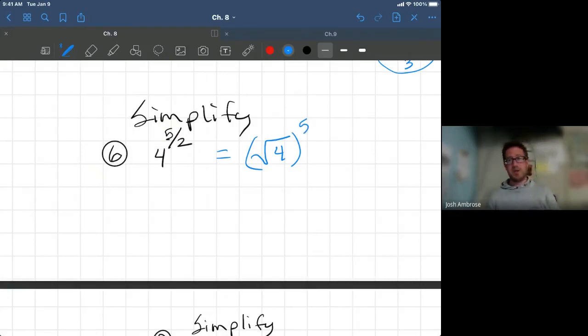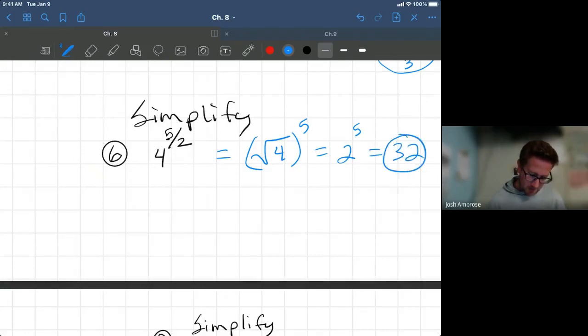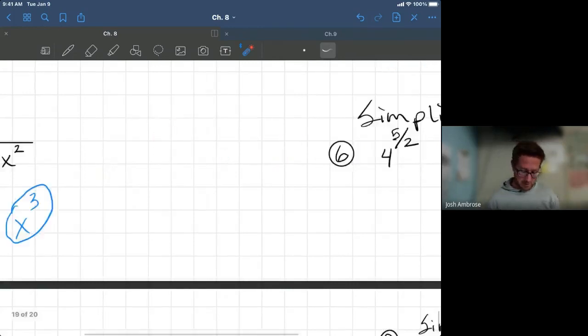So order of operations, do what's in the parentheses first, then use the exponent. This is going to be 2 to the power of 5, and 2 to the power of 5 simply equals 32. So again, always start with the bottom number. This is what tells you what root to use. After you take that root, this top number tells you what exponent to use.